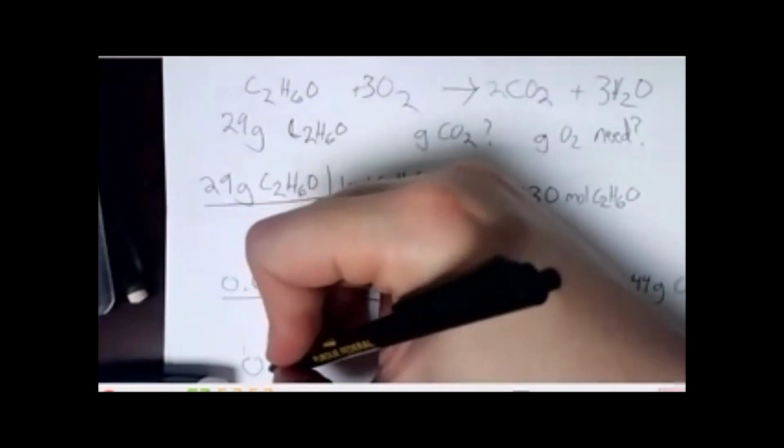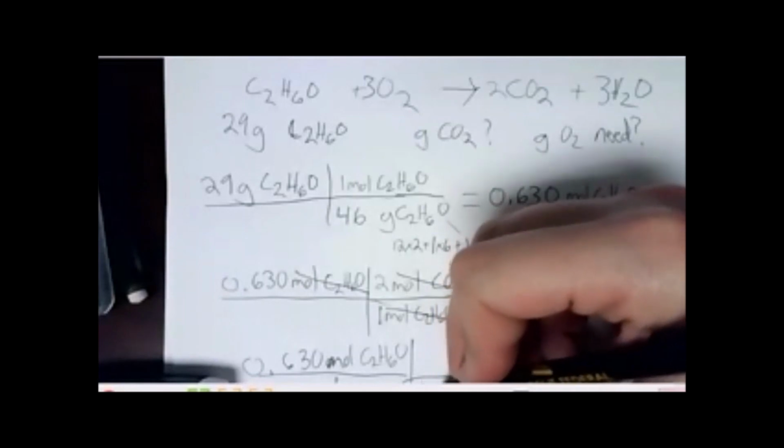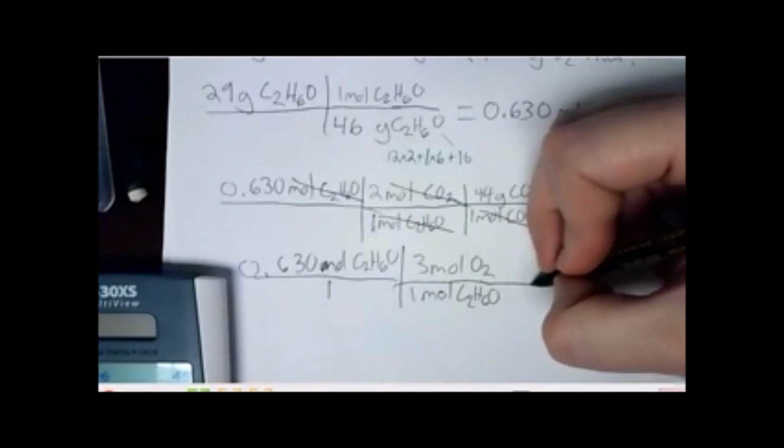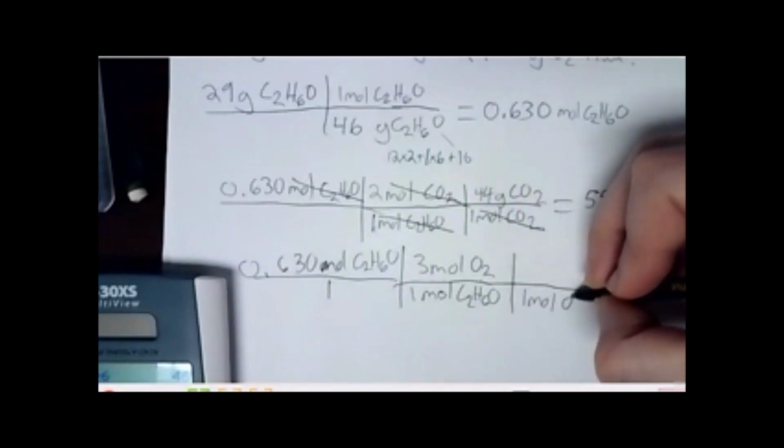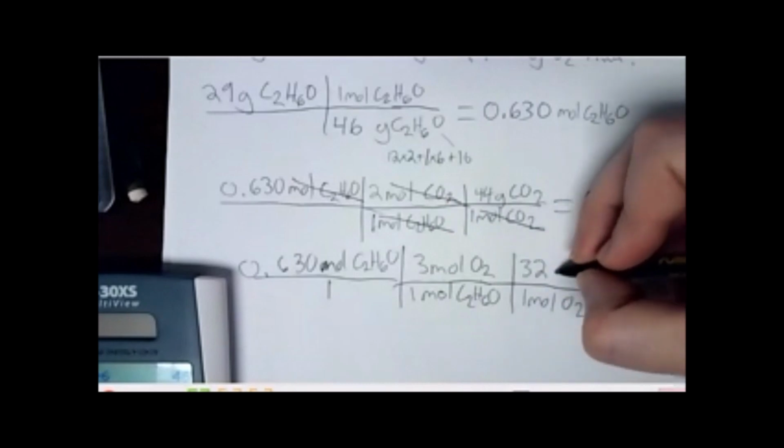Doing this again with the amount of oxygen needed. Well, for every one mole of C2H6O, we need 3 moles of oxygen from our balanced chemical equation. And 1 mole of oxygen, as we recall, weighs 32 grams because oxygen is 16 times 2.